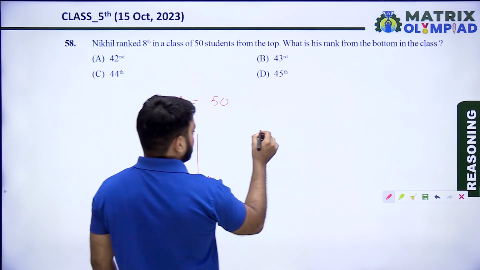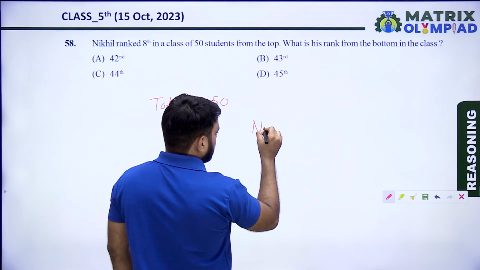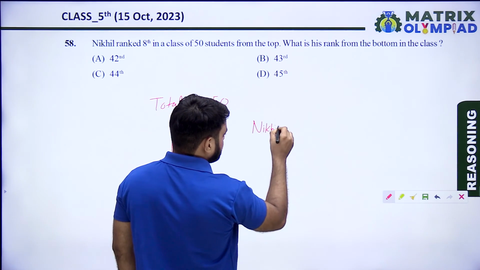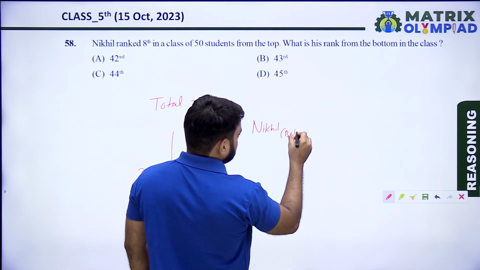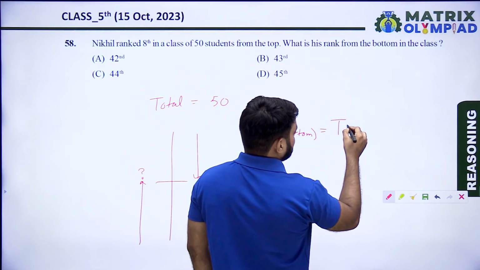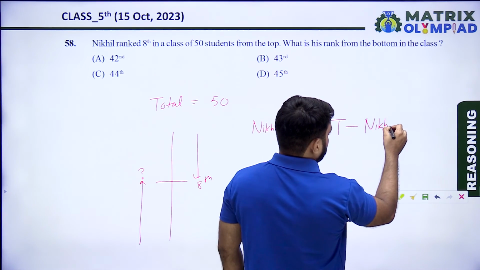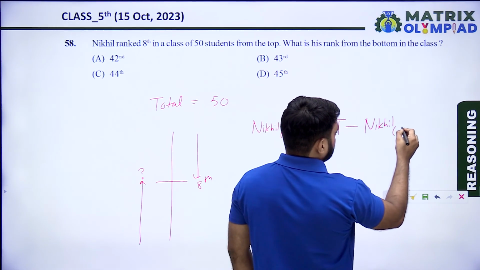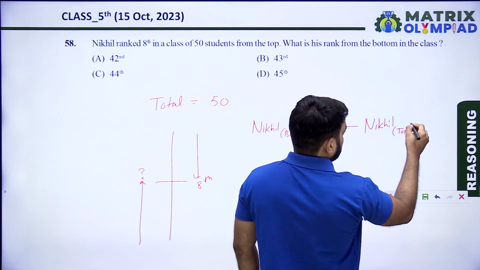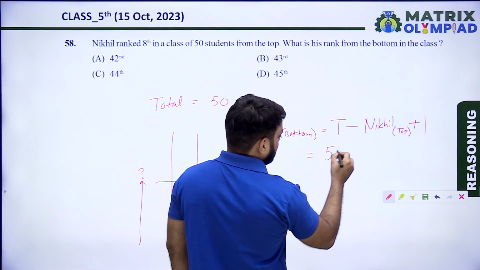So the formula is: Nikhil's bottom rank is equal to total students minus Nikhil's rank from the top side, plus 1. Total means there are 50.